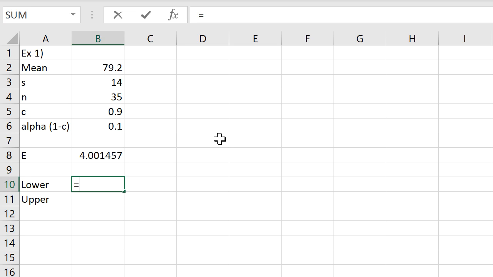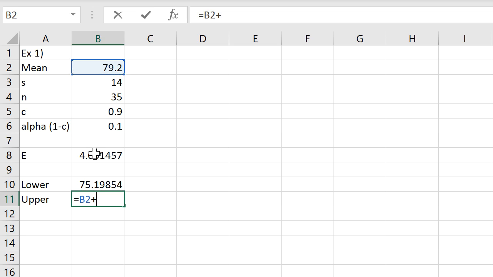For our lower and upper bounds on the interval, we just do the mean minus that E and the mean plus the E. So it's going to be equals our mean, which is the 79.2, minus our margin of error, and equals, again, our mean, 79.2, or if you have it in Excel like I do, you can just click the 79.2, that's perfectly fine as well.